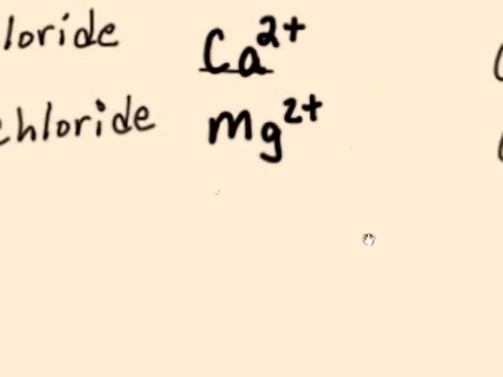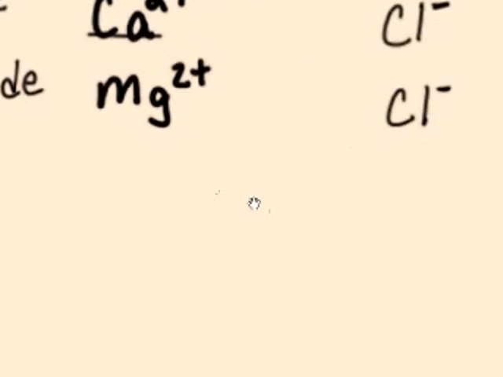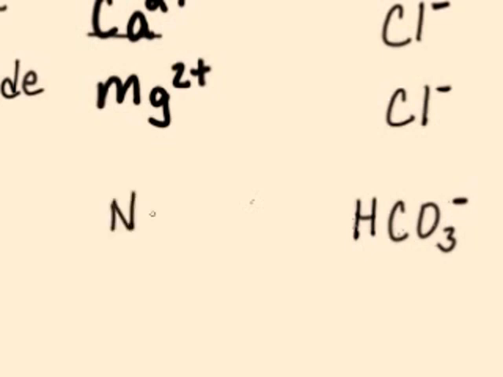There's one more anion that we can identify, and this anion is bicarbonate. It's a polyatomic one, which means it's made of more than one atom. HCO3, and it has a negative charge, and it most oftentimes joins with sodium. And so here we have sodium is the cation, and the anion is bicarbonate.